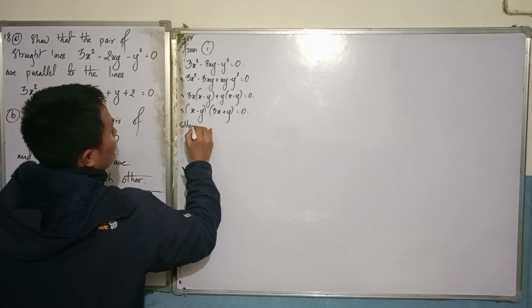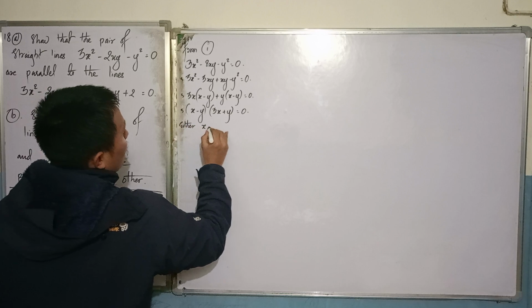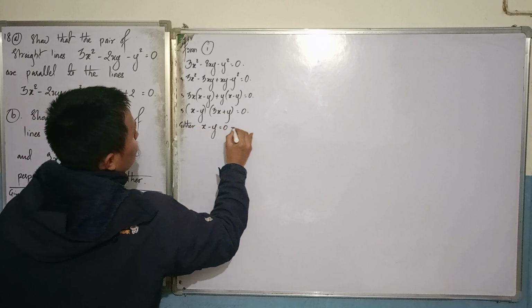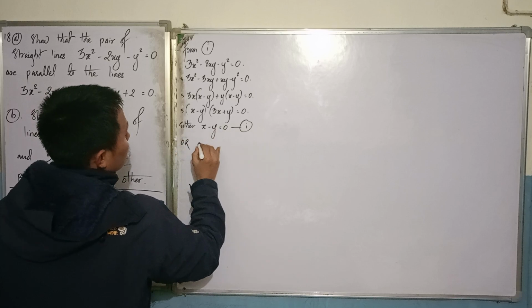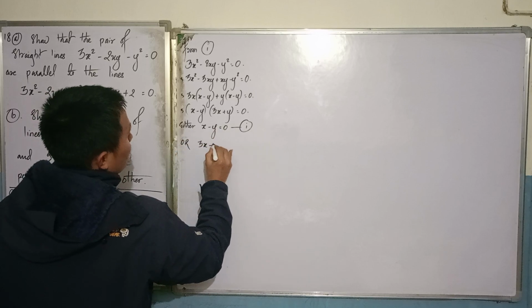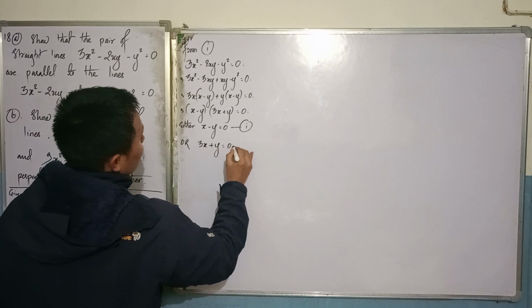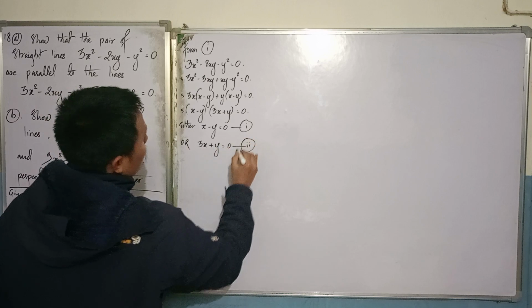Either x minus y is equal to 0, I, or 3x plus y is equal to 0, II.